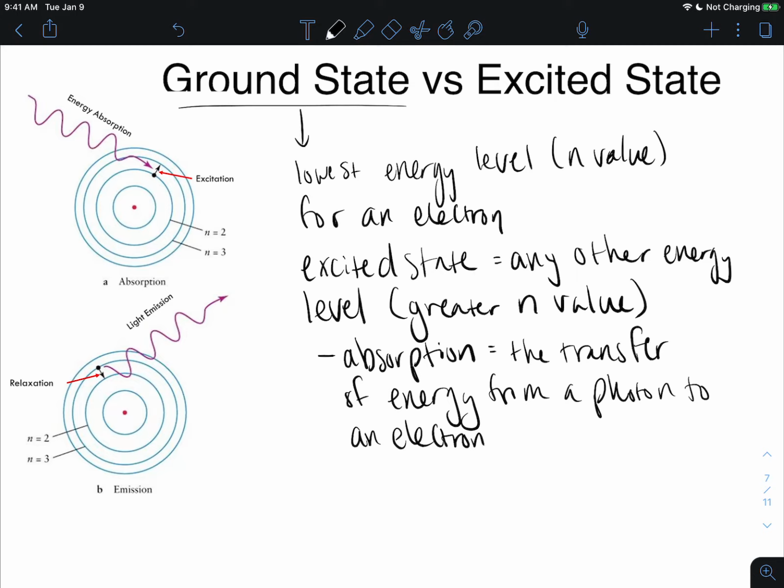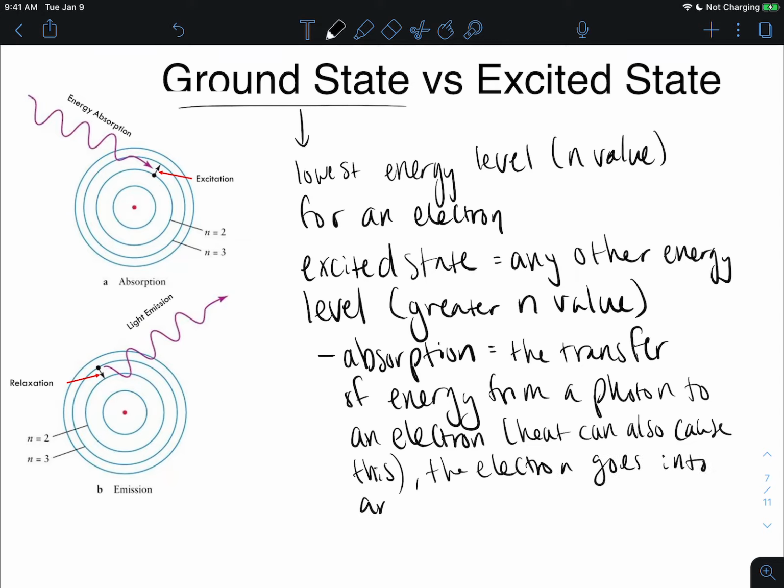Heat can also cause this. So when it absorbs that energy, the electron goes into an excited state. Okay, so when we absorb the energy and an electron goes from a ground state to an excited state, or an electron becomes excited, being promoted to a higher energy level, we call this absorption.